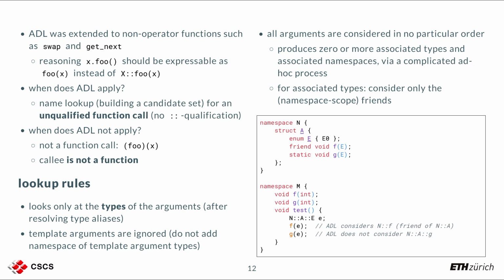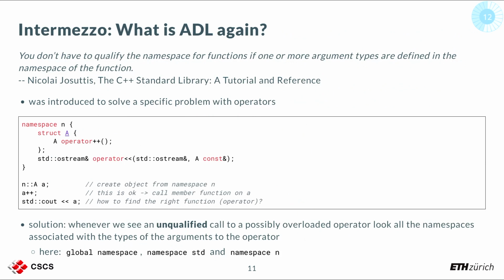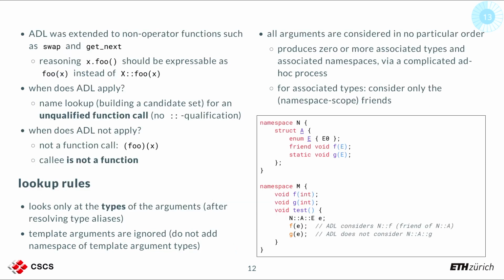I mean, why should these two things be different? So instead of writing x.foo, we could write foo of x. Should be the same. Well, okay, so that's what ADL does.